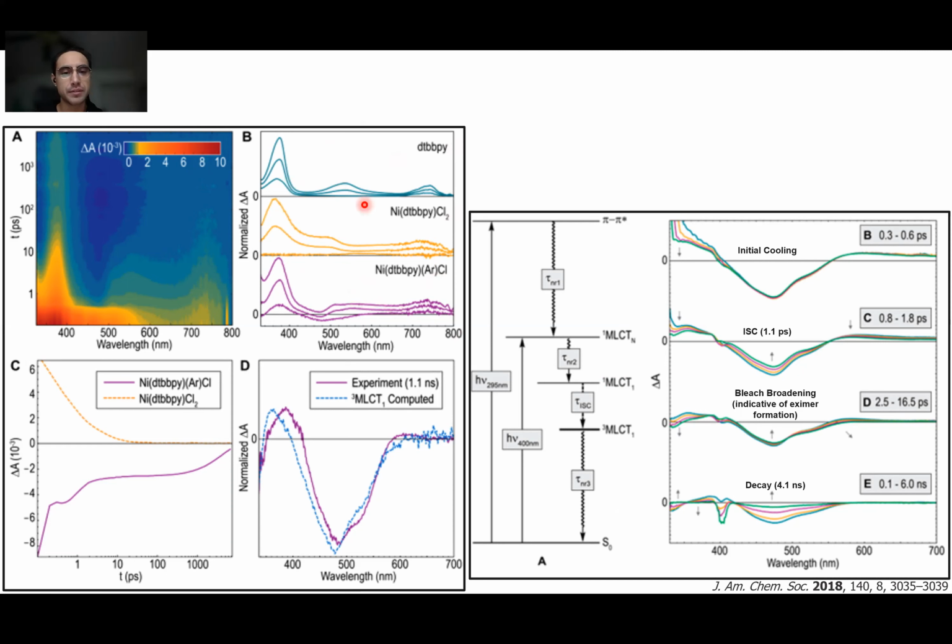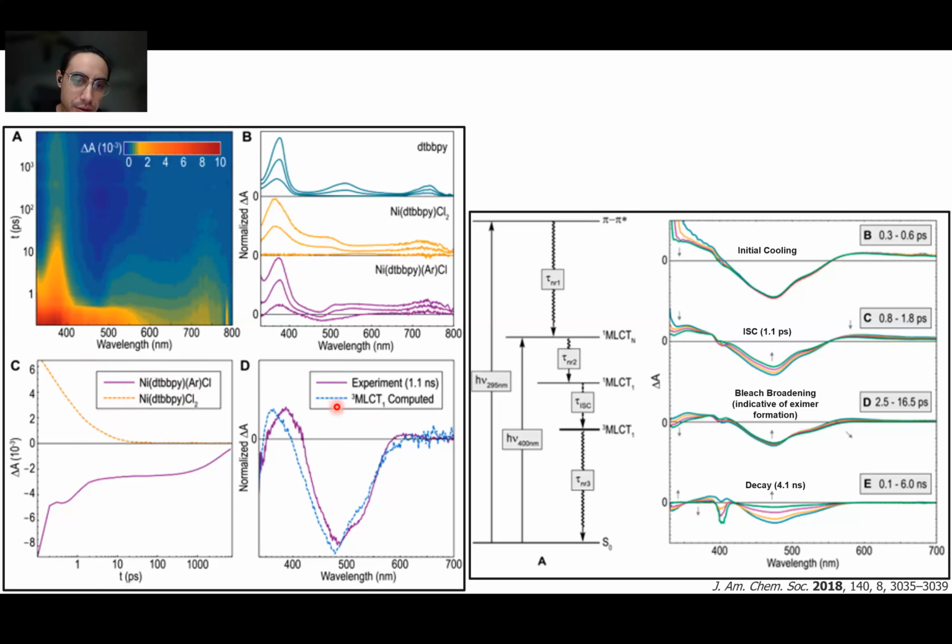Yeah, so they're all different. And in panel C here, they have the single wavelength kinetics for both the dichloro complex as well as the oxidative addition complex. This was also done at a pump pulse of 295 nanometers.